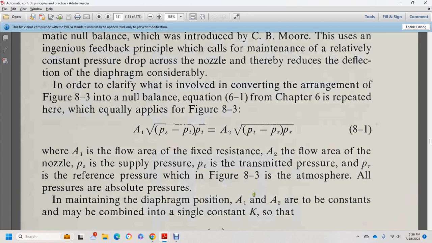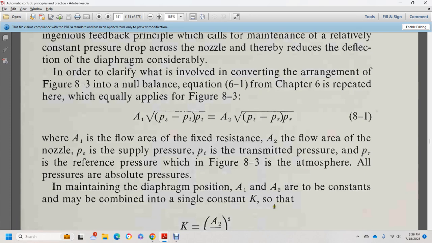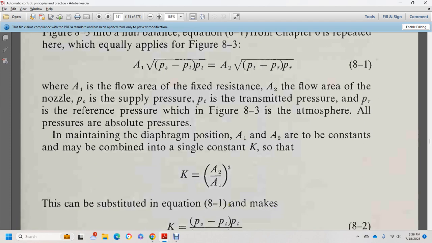In maintaining the diaphragm position, the flow areas restricted 1 and 2 are to be constant and may be combined with a single constant K, so that K is equal to the area of fixed resistance 2 over the area of resistance 1, times the square roots.